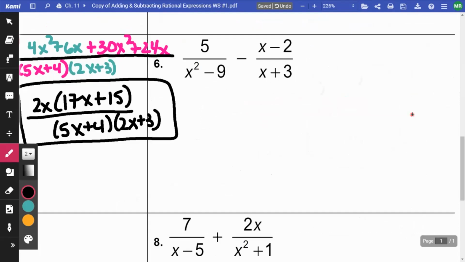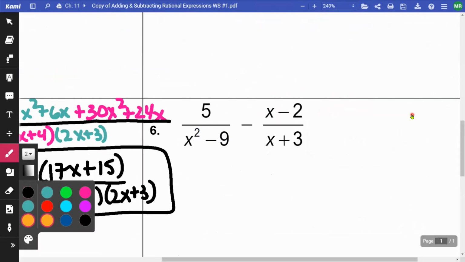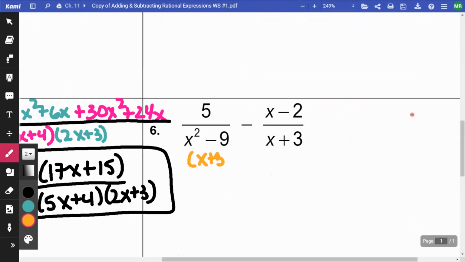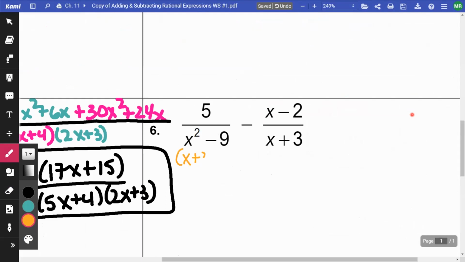On number 6, I'm going to factor. So this first one's going to factor to an x plus 3 times x minus 3.